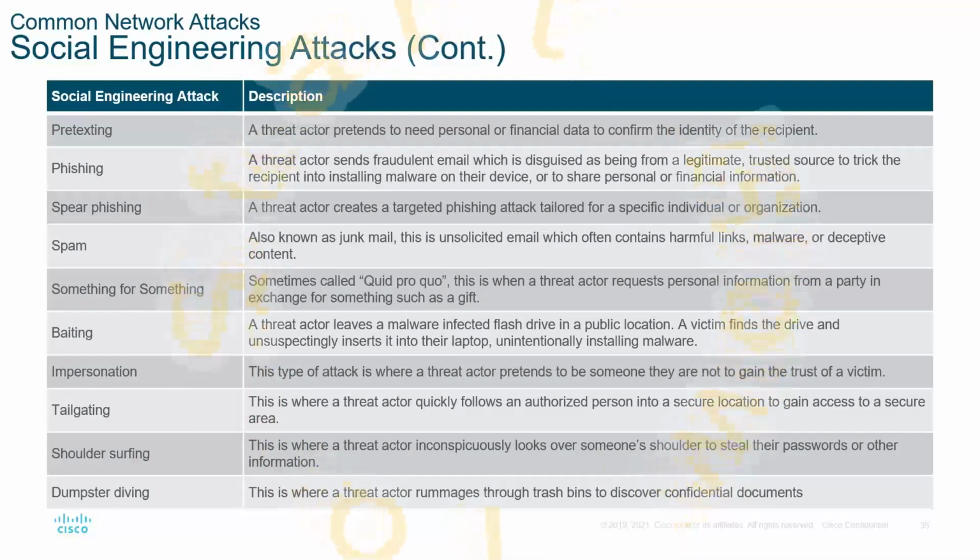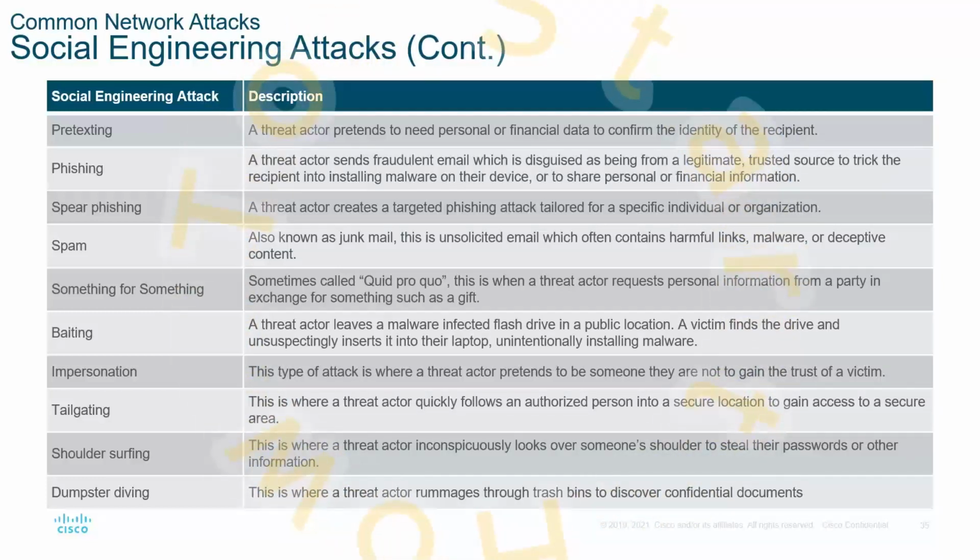Tailgating is when you follow an authorized person in quickly behind them before the door closes, for example. Dumpster diving, looking through their garbage. Or shoulder surfing. That's where the threat actor looks over someone's shoulder to steal content off their screen or possibly their passwords.